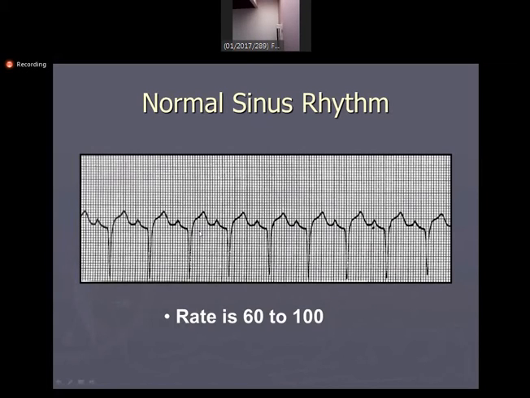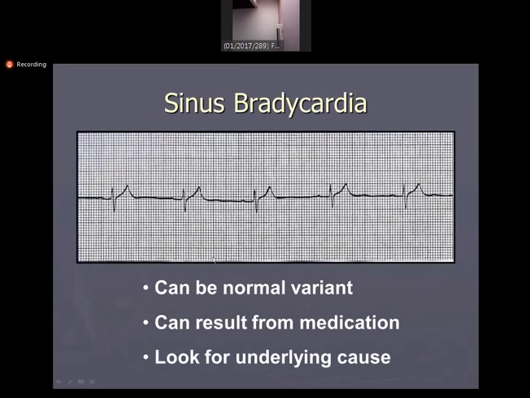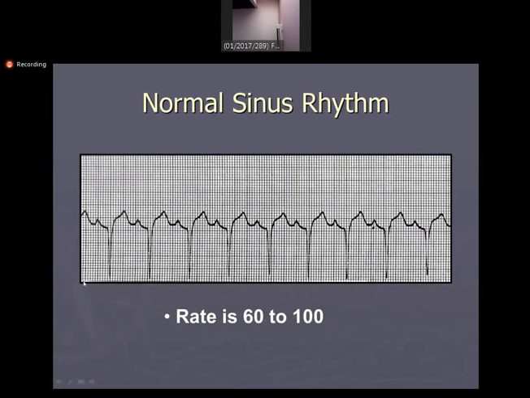Rate. How will you calculate the rate? Here you can see these are the large boxes. Okay, I will show some other example. Here you can see these are the large boxes, 1, 2, 3, 4, 5.